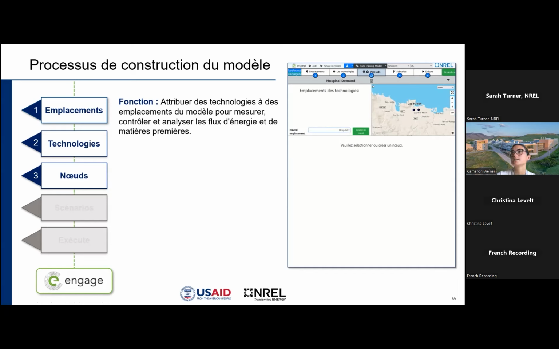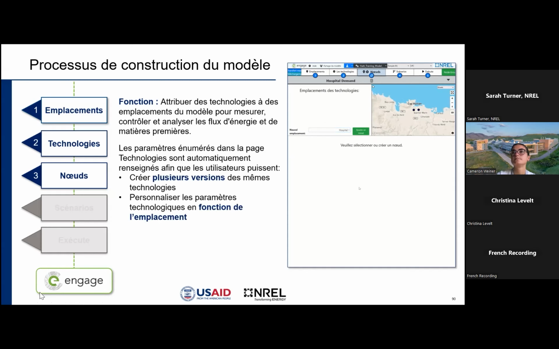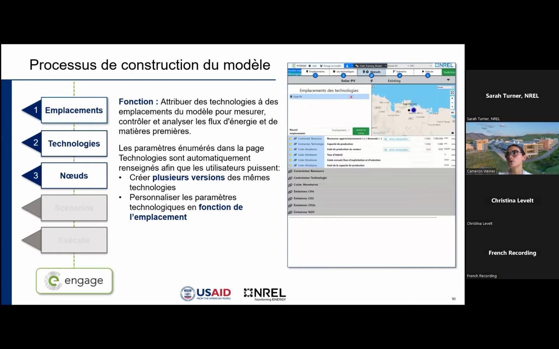Then you can click Add Node. After you've clicked Add Node, what we're showing on the screen is that you've done it for your demand technology, and now you've also done it for your solar PV technology.